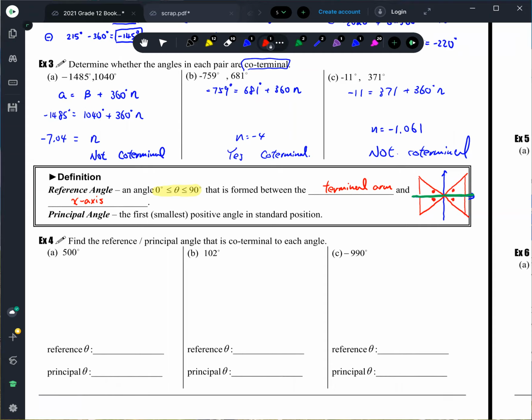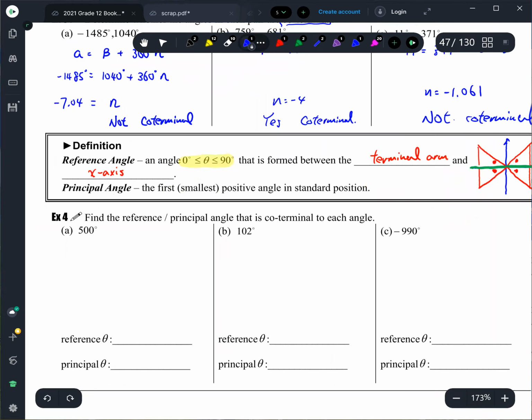Let's try the first question. First one, we have 500 degrees. First of all, we need to know where 500 degrees stops. It turns in the positive direction, so positive has to be counterclockwise. 360 degrees, it's not there yet.